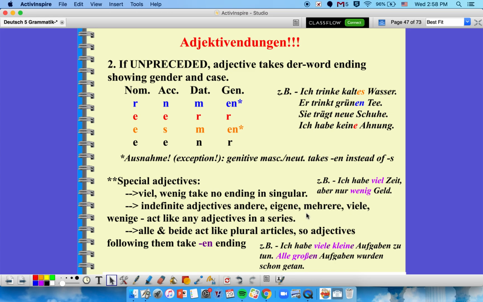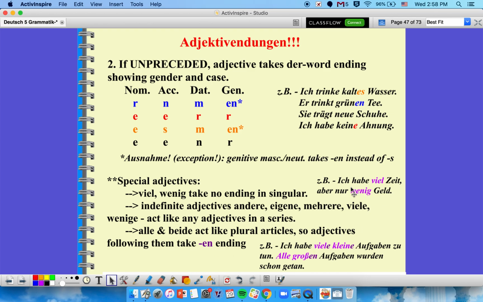So they are not articles, they are adjectives, and anything that comes after them is still just going to follow suit. Alle and beide, however, even though they are indefinite adjectives, they act like they are plural articles. So consider alle and beide to be changed articles instead of adjectives for these purposes, and anything that comes after them is going to take an en ending.